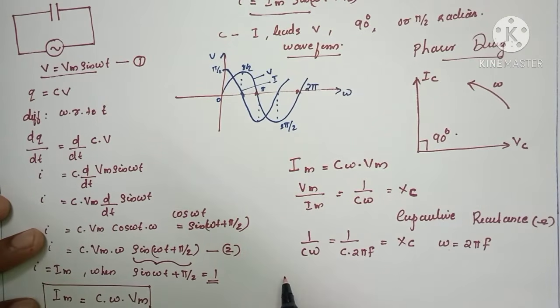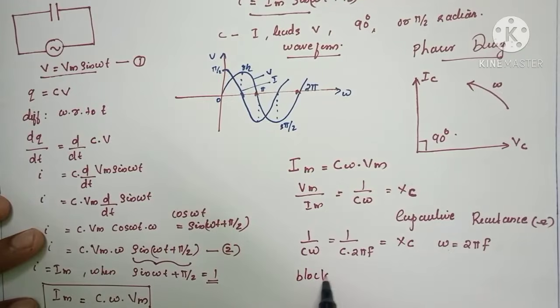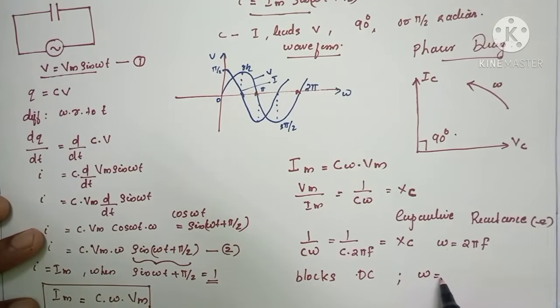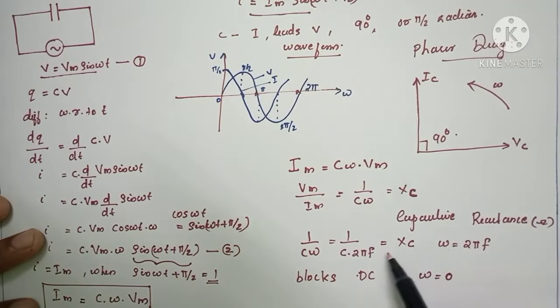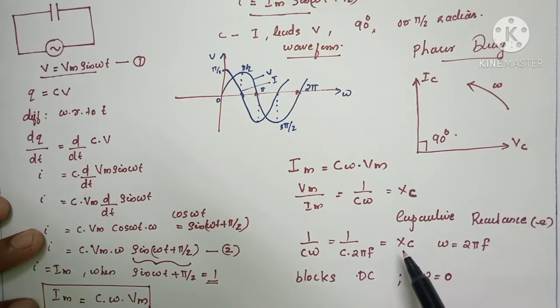So it is very clear that a pure capacitive circuit blocks DC. Why? Because omega is 0, or the frequency is 0, in the case of DC, so the capacitive reactance will be very high and no current will flow through the circuit.